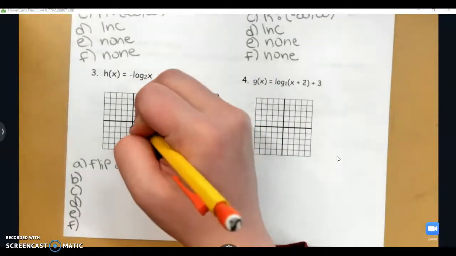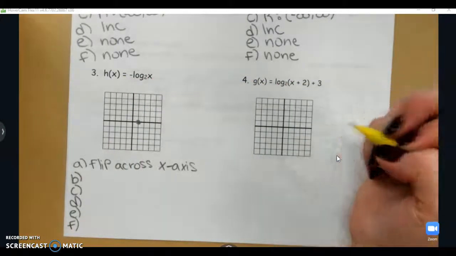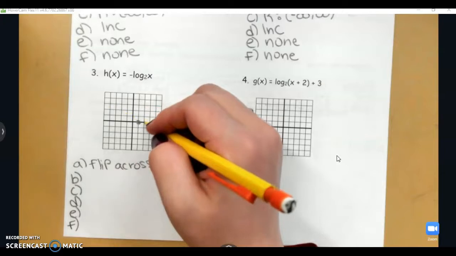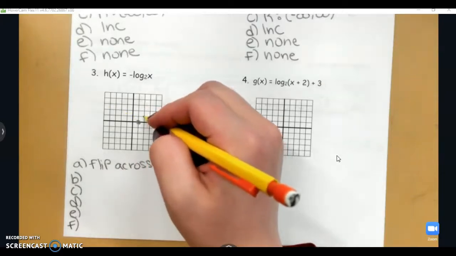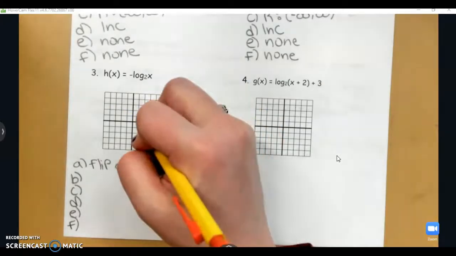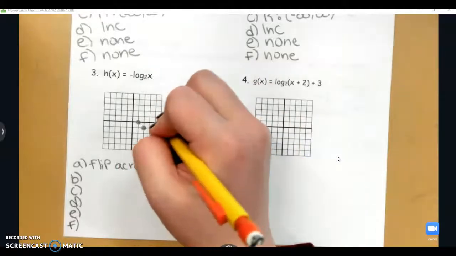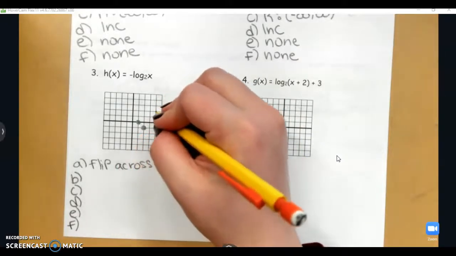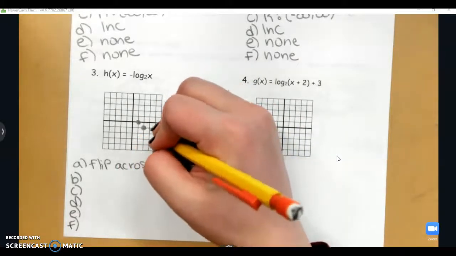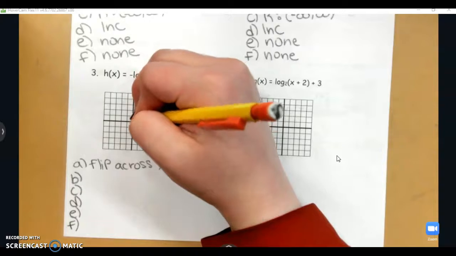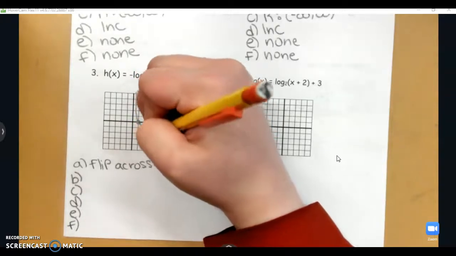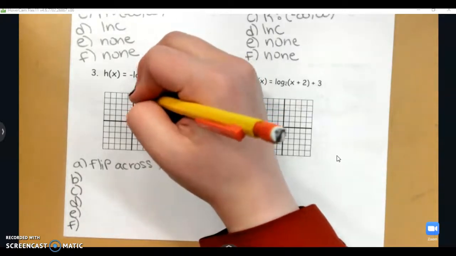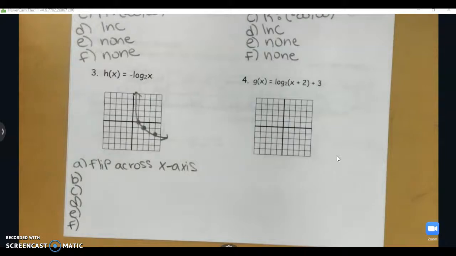That is going to stay in its place because it's on the x-axis. My other point for my parent function was 2, 1. So flipping that across the x-axis, it goes to 2, -1. And then I had the point 4, 2. So flipping it across the x-axis puts it at 4, -2. So reflecting it across that axis is going to give me a picture that looks something like this.